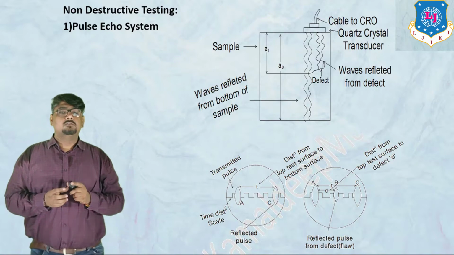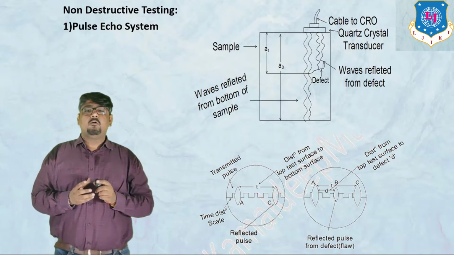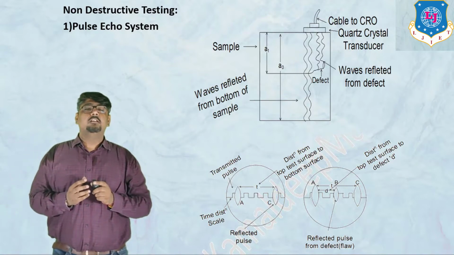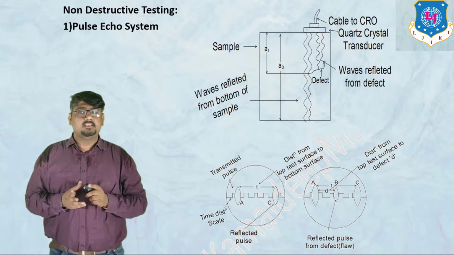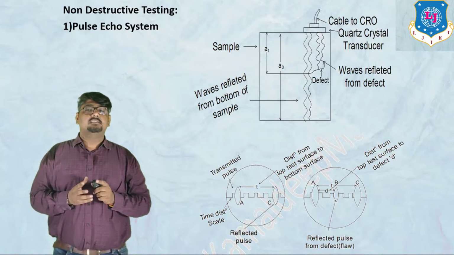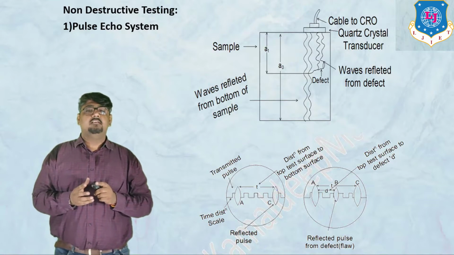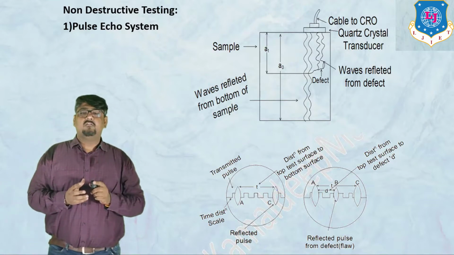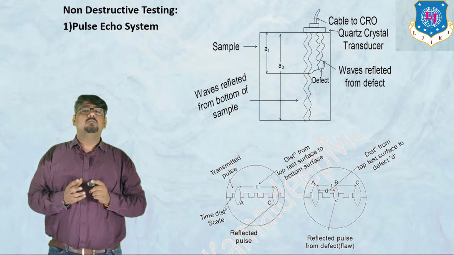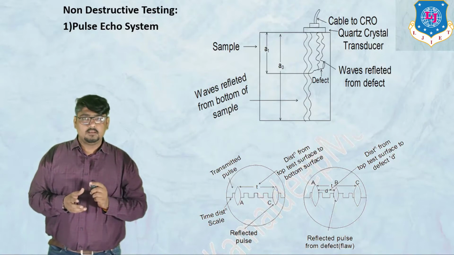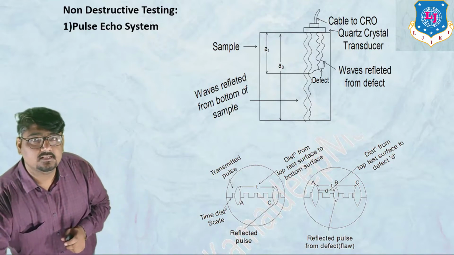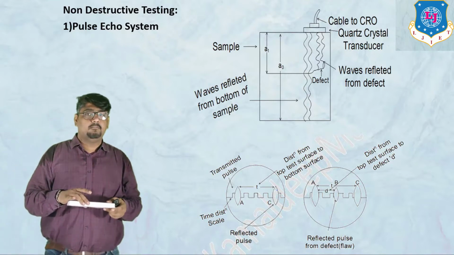The peak of the reflected pulse will appear at C. If the sample has a defect or a flaw, then the wave will get reflected back and a smaller peak will appear on the screen at B. Let us understand this with an example.